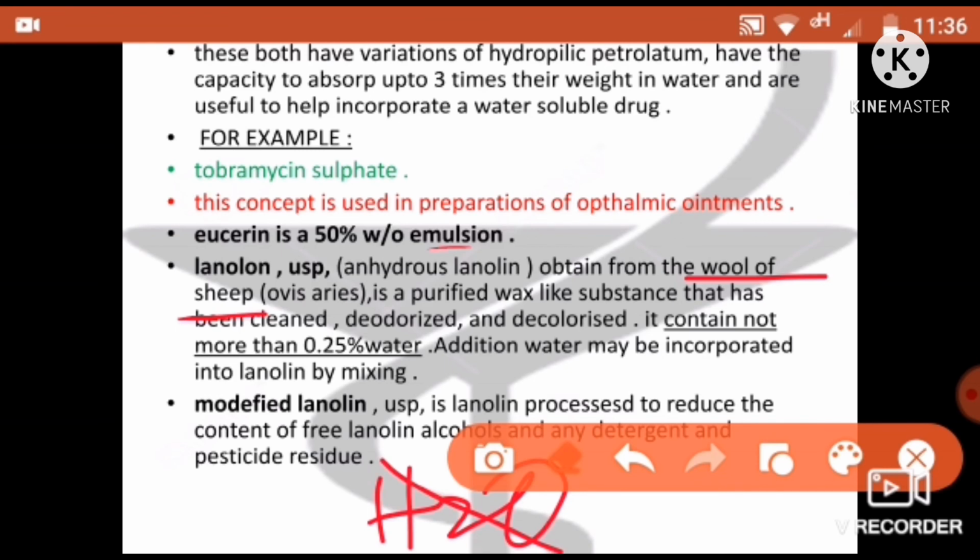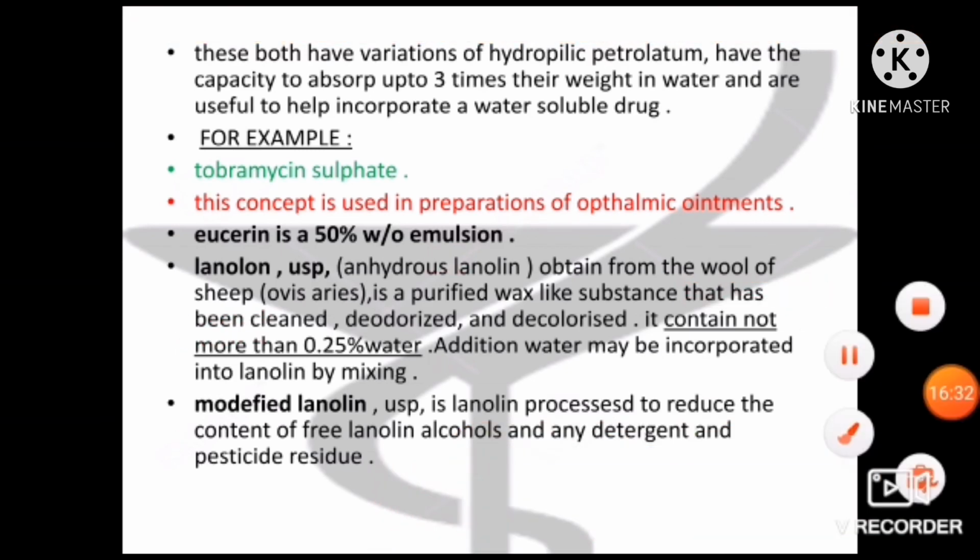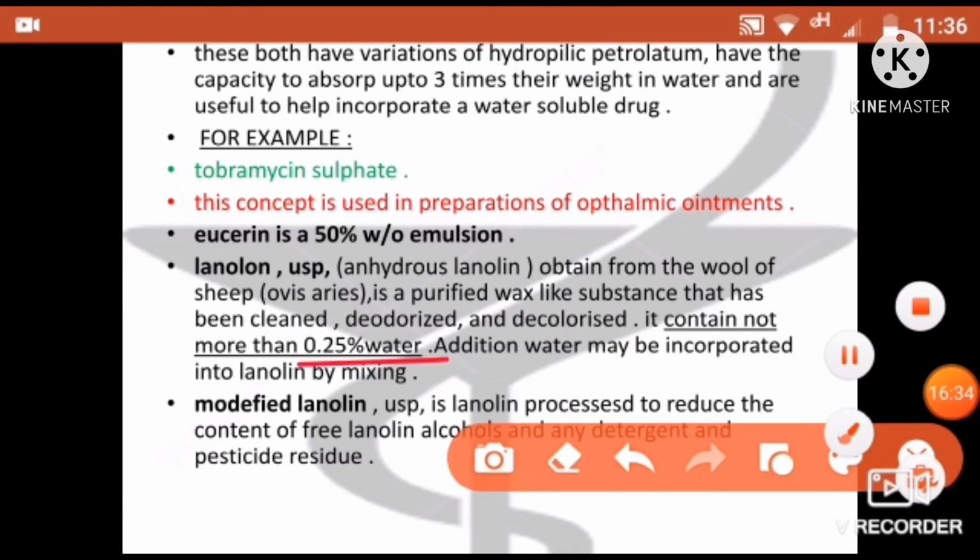That's why we call it anhydrous. Because it contains a negligible amount of water, 0.25%. Whenever you have to add water, you can add a little amount by continuously mixing or stirring.